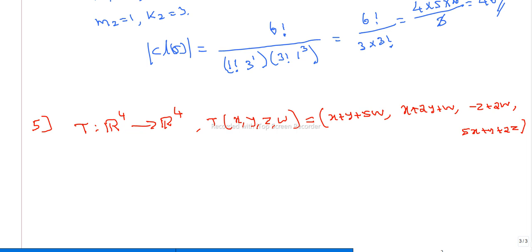Now they are asking about the eigenspace, but you should know the definition of eigenspace: nothing but the collection of all eigenvectors corresponding to that eigenvalue.